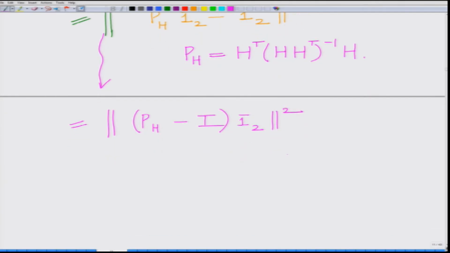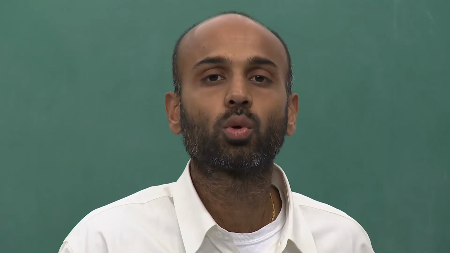And now we know that for any vector u bar, norm u bar square equals u bar transpose u bar. That is, the norm of a vector square is the vector transpose times itself. And now I am going to use this property over here.